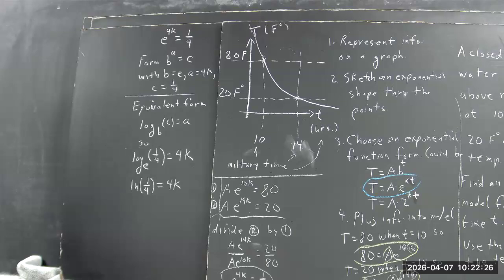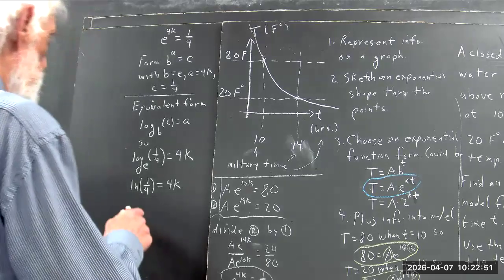Natural log of 4 is between 1 and 2, closer to 2.7 than to 7.2, quite a bit closer. Natural log of 4 ought to be about 1.2. Natural log of 1/4 ought to be then negative 1.2.